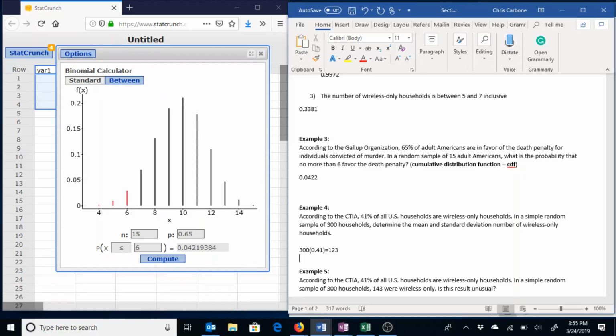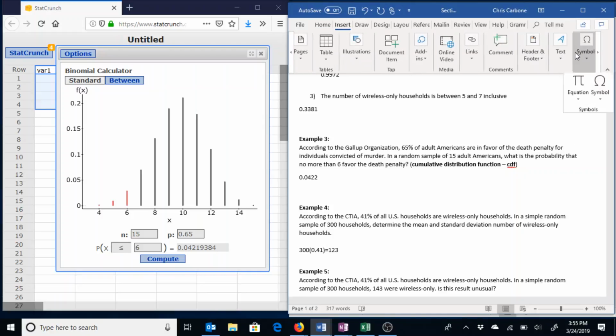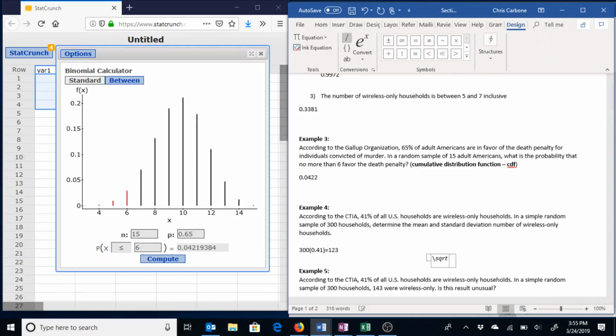The standard deviation, on the other hand, takes the square root of, let me write this out, the square root of that value that we just got, so 300 times 0.41 times the probability of failure, which in this case is 1 minus 0.41, or 0.59.